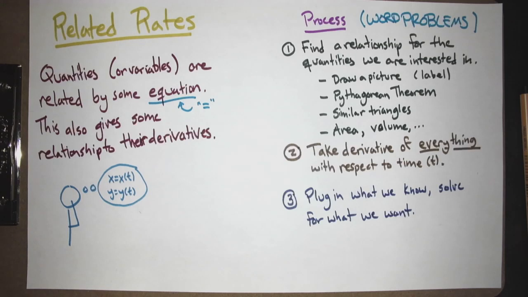Once you've done step 2, plug in what you know, solve for what you want, and we're done. So that's the idea. That's the theory. The rest of the day is practice. Are there any questions? I think as we go, we'll get better at understanding.